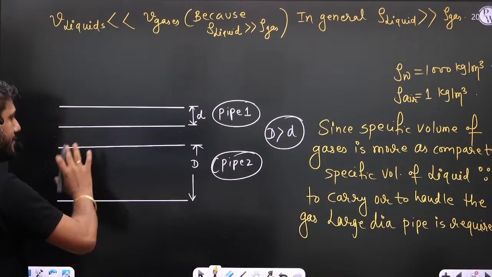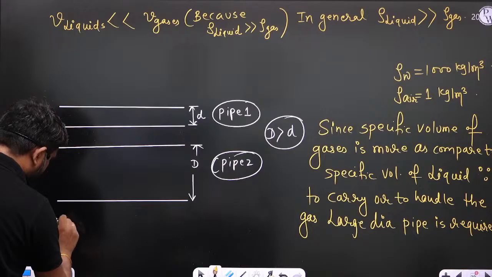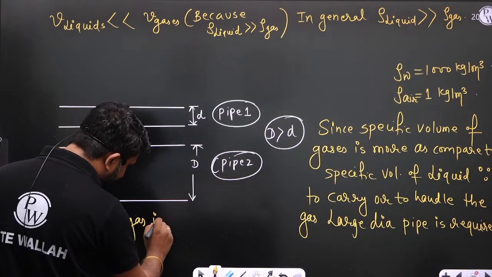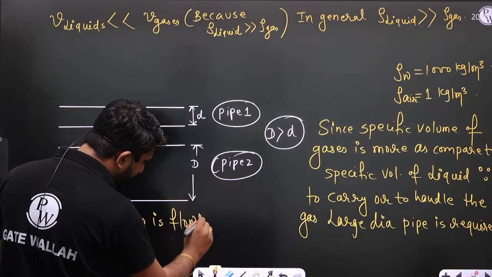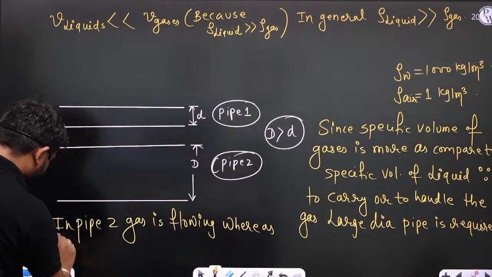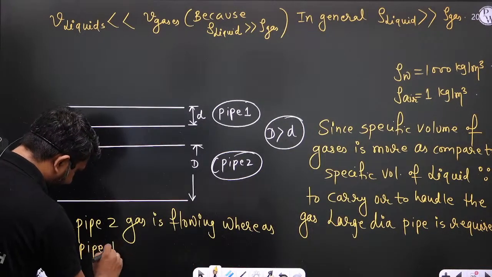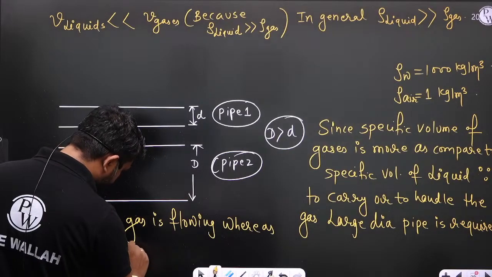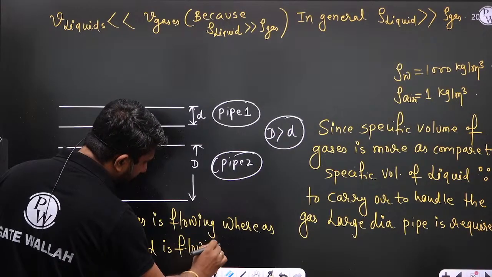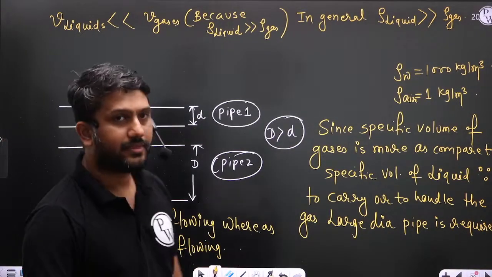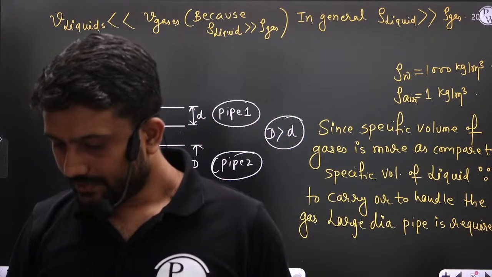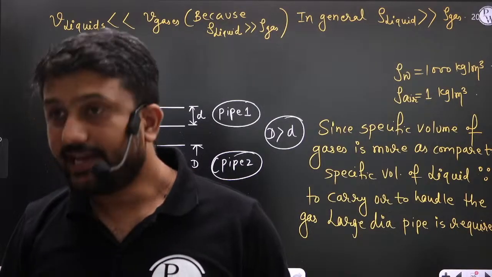That's why we can say in pipe 2 gas is flowing, whereas in pipe 1 liquid is flowing, right? Is it clear to everyone?